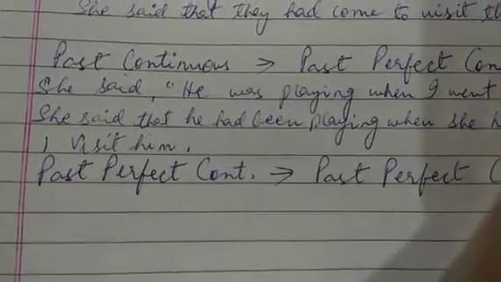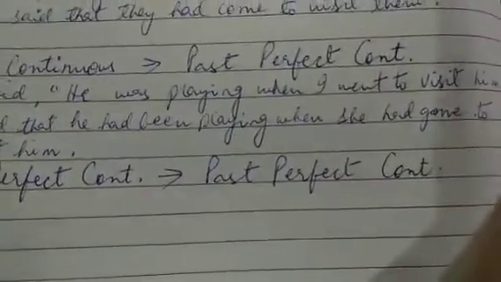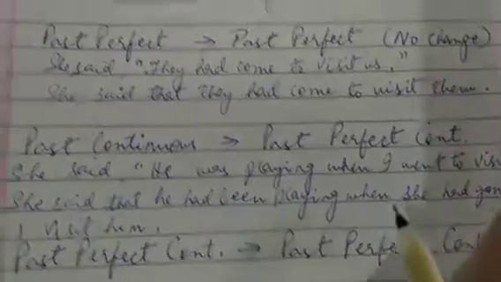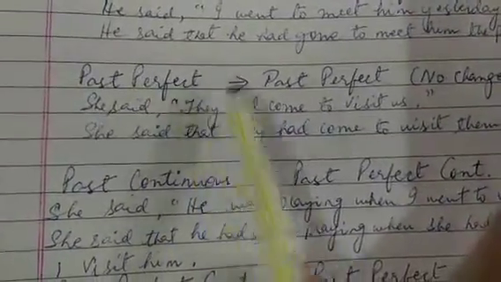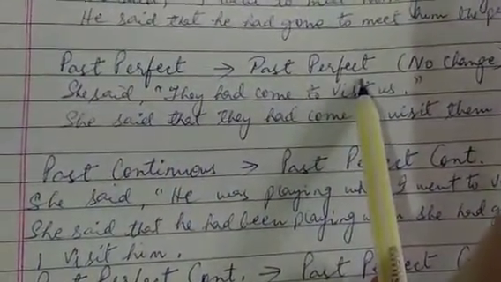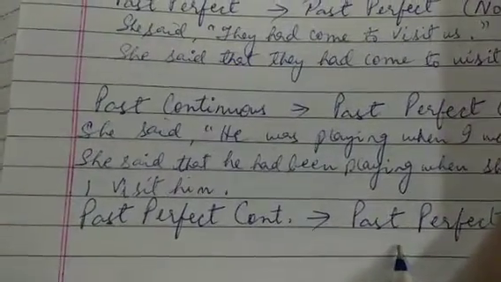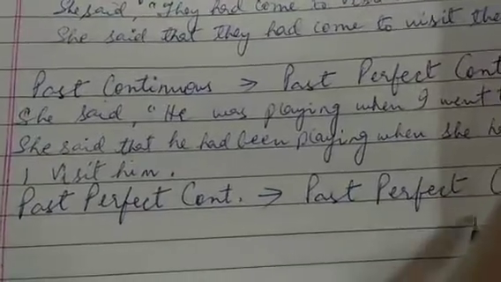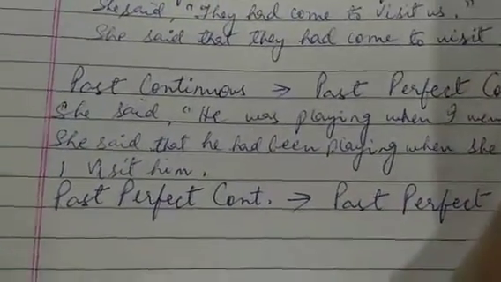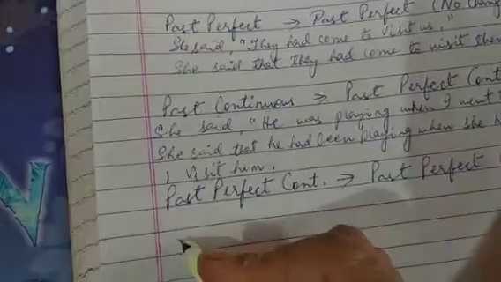Next we have past perfect continuous remains past perfect continuous. That is, there is no change. So you need to remember past perfect remains past perfect in the indirect speech also. There is no change. And past perfect continuous also remains the same in the indirect speech. There is no change in the sentence. So let us see one example.